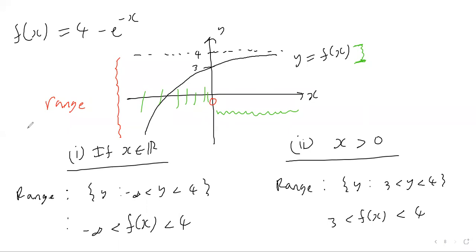Depending on which domain you have for a function, which set of inputs you specify, you will get a range which depends on that domain. So your range again is your set of outputs, the range of y values on your y-axis, and your domain is the set of x values, your set of inputs into your function that you specify, or what the question in the exam will specify.